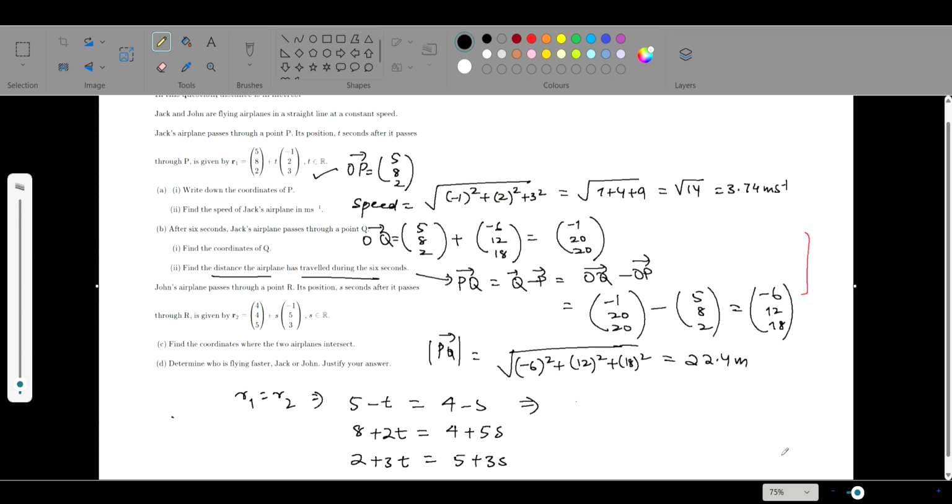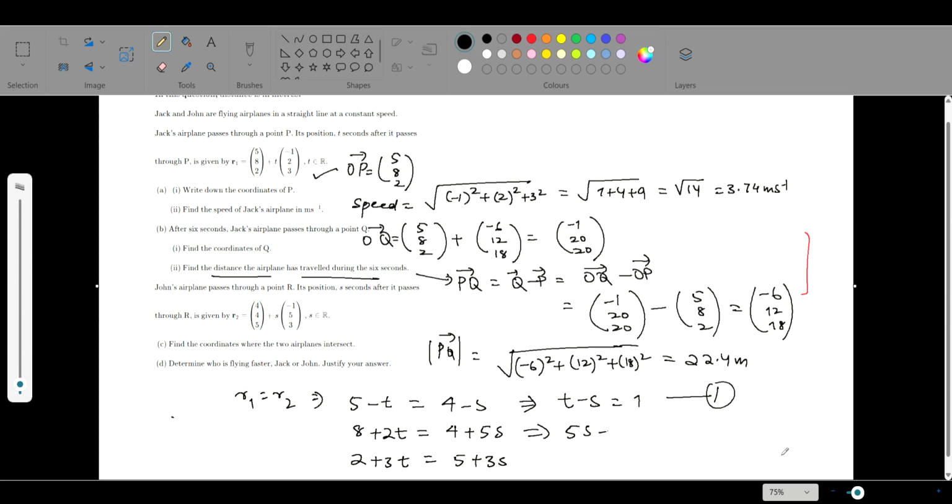From here we can get the combination. T will come this side, so it becomes T minus S is equal to 5 minus 4. This is one of the equations.